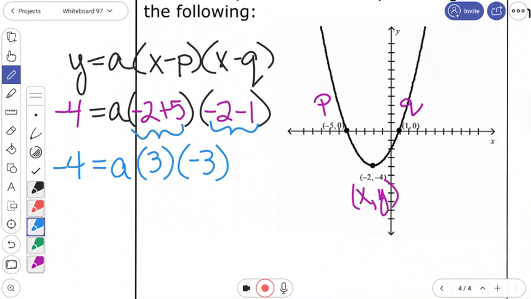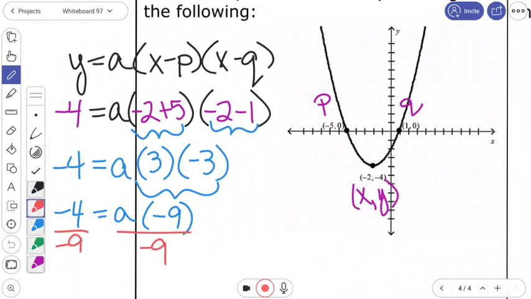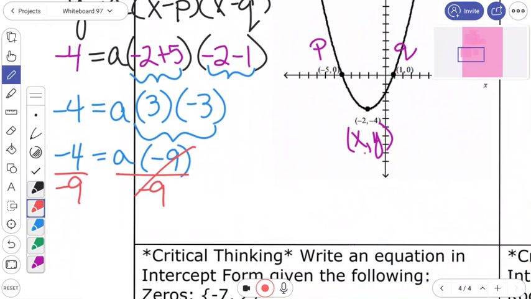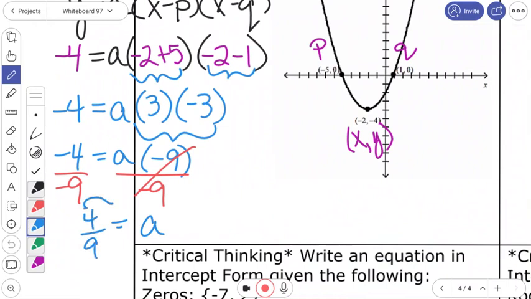Let's multiply. 3 times negative 3 gives me negative 4 equals a times negative 9. Solve for a. We're going to divide both sides by negative 9. And that gives us our a value equal to positive 4 over 9. It does not simplify any more than that.